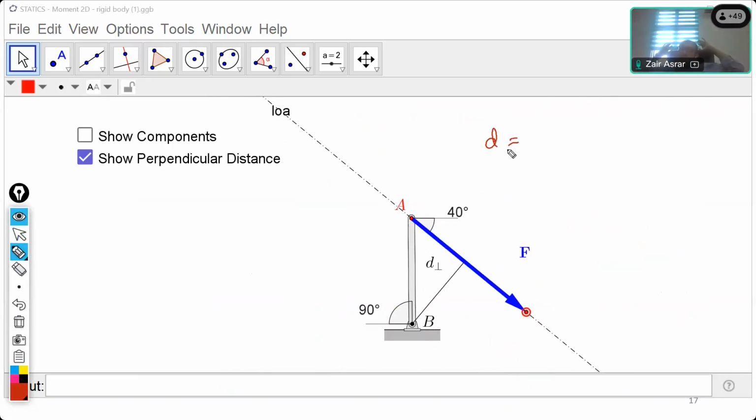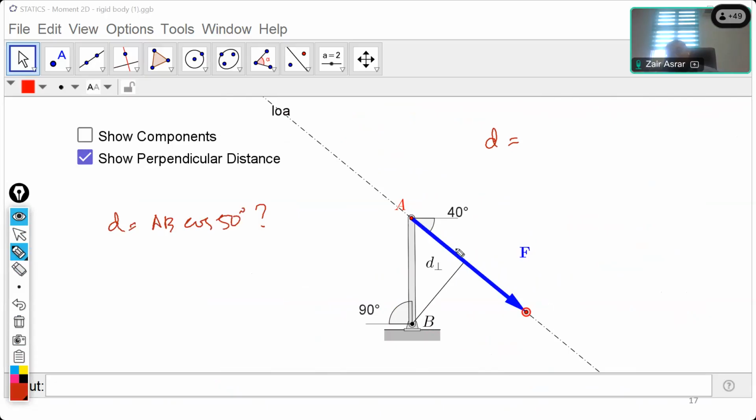D equals to what? AB cos 50. Okay, you're saying D equals AB cos 50 degrees.